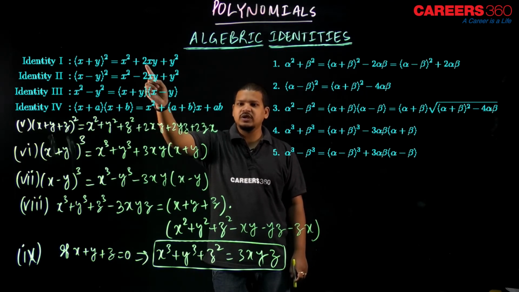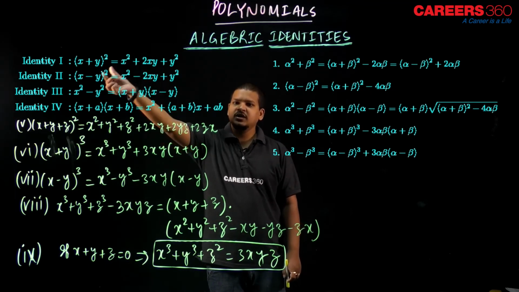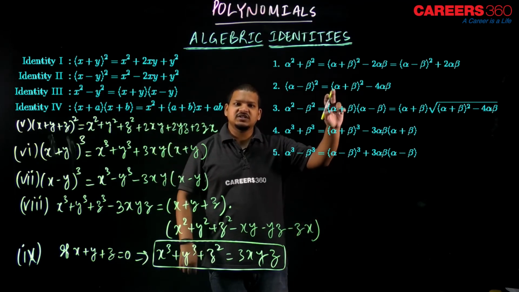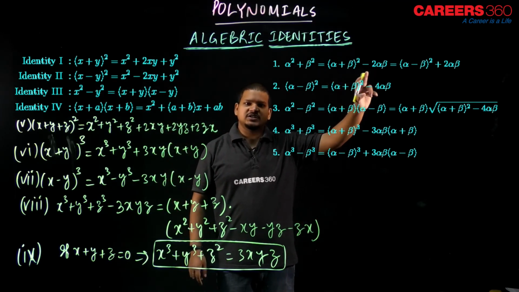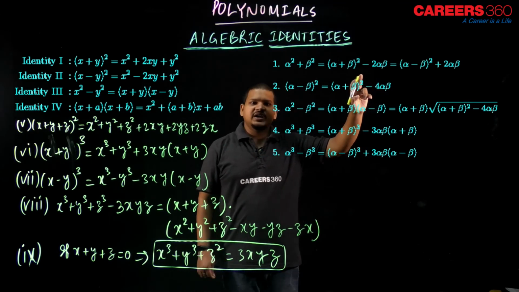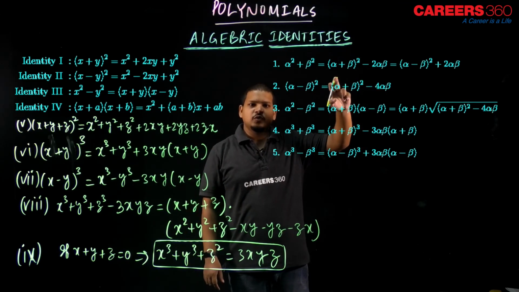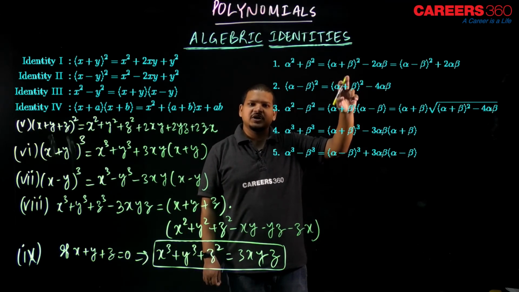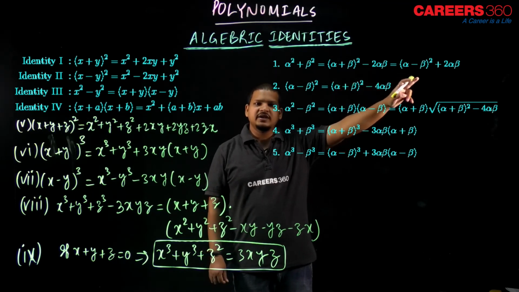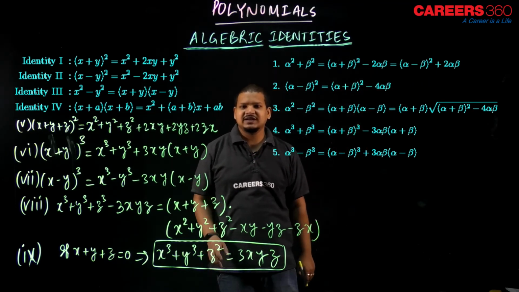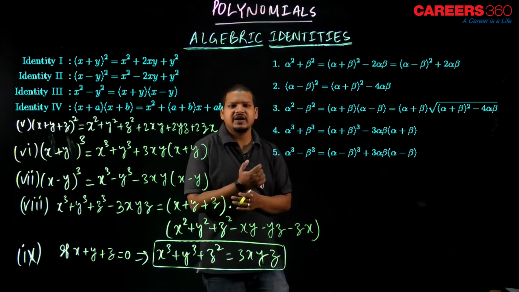Over here, x square plus 2xy plus y square. If I want to calculate the value of x square plus y square, let's take 2xy over there, and I'll be getting this expression only, right? And then further, if I open the bracket of (alpha plus beta) whole square, I'll be getting somewhat this expression, right? So you can easily solve it and get the identity.